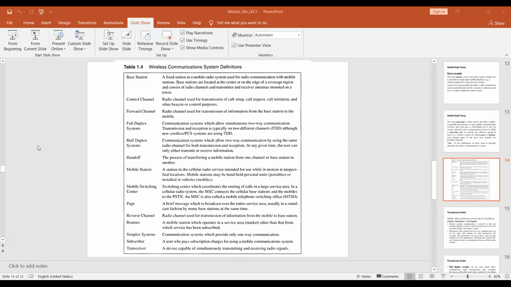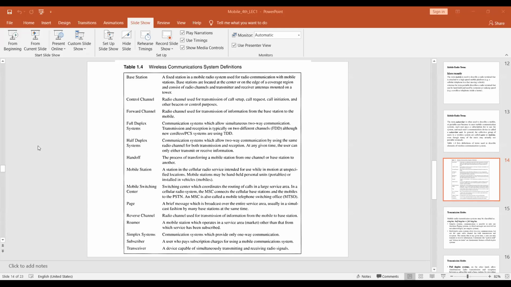Regarding the terms, to understand what is going on, look please. Any cellular communication system consists of the following. We have a set of base stations, and we have a central unit, which is the MSC.